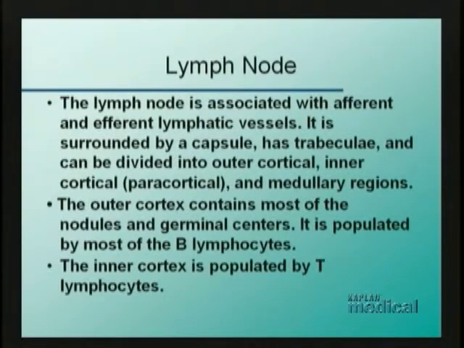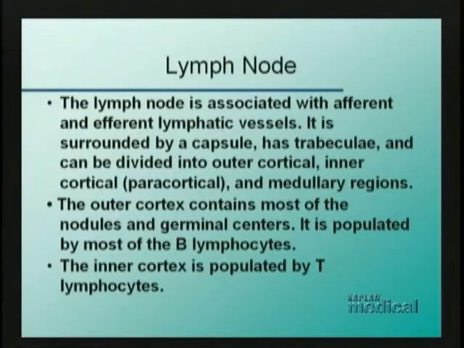The lymph node, like the thymus, has a distinct cortex and medullary region, and as we'll see, the cortex is further divided into an outer cortex, which is B cell and germinal center rich, and an inner or paracortical region, which is a T cell rich region, and an associated medulla.